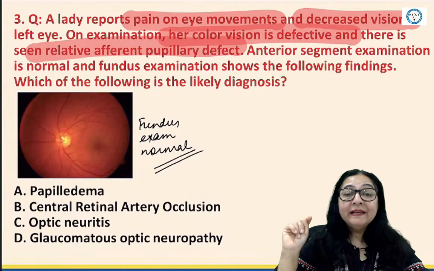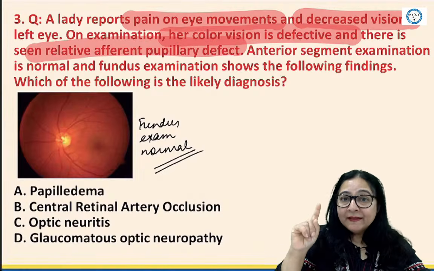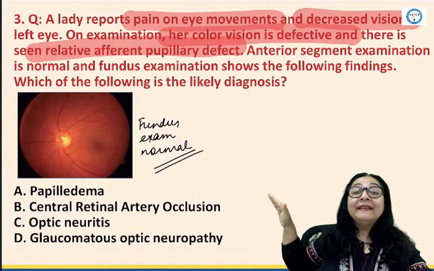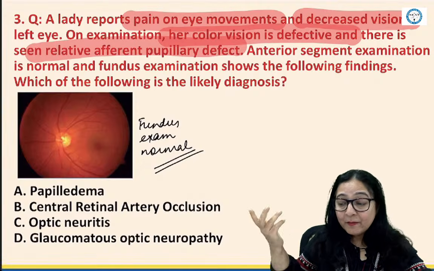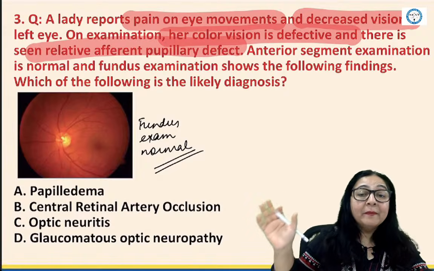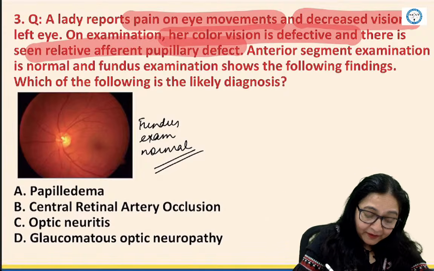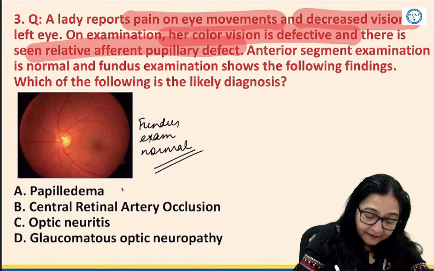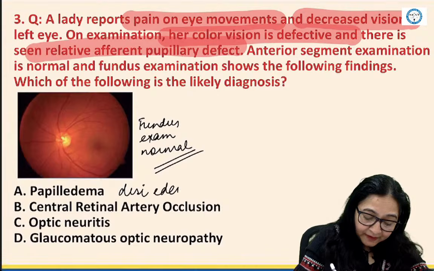Now in this particular question, beta, what are they saying? RAPD is there, color vision is defective, decreased vision is there, but the retina is normal. So we are ruling out papilledema, because in papilledema there will be disc edema. There is no disc edema in this case.